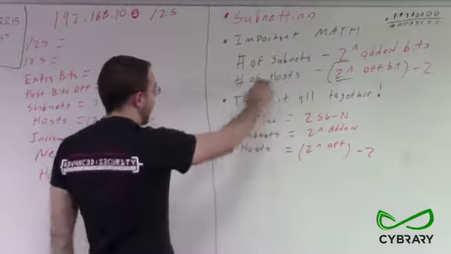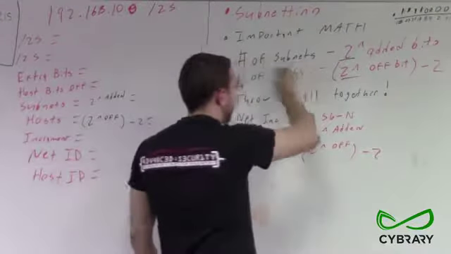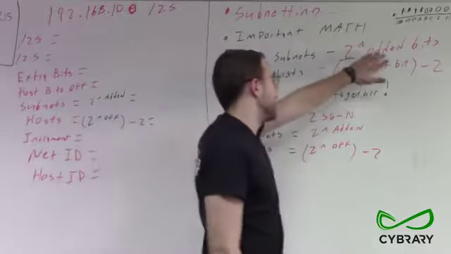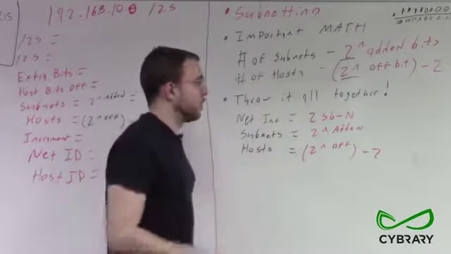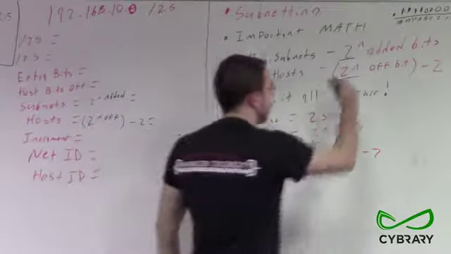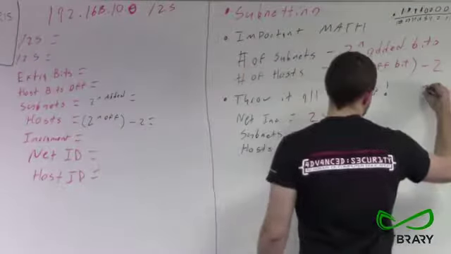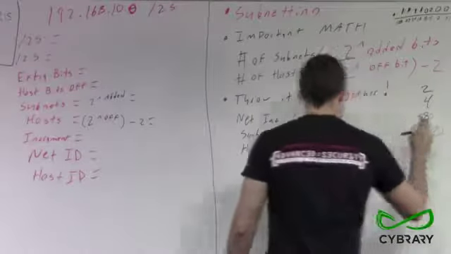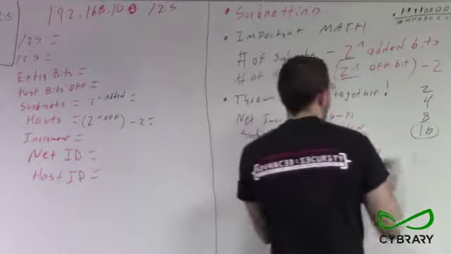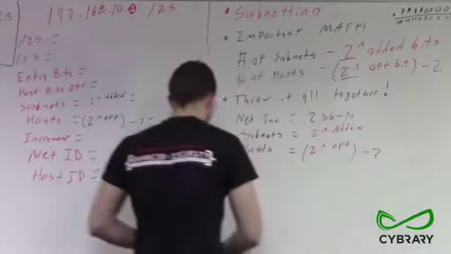So the number of subnets that this gives us is 2 to the power of added bits. So 2 to the power of 4, not 2 times 4. 2 to the power of 4 would be 2, 4, 8, 16. So we now have 16 subnets.